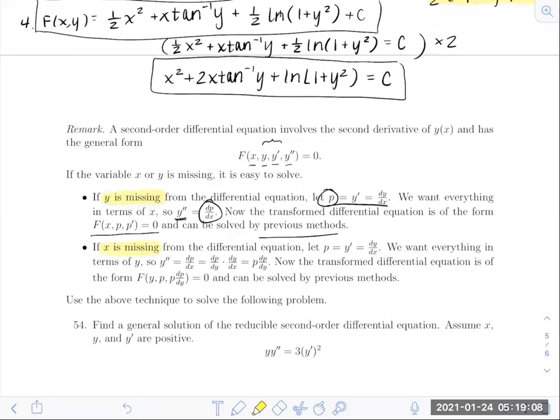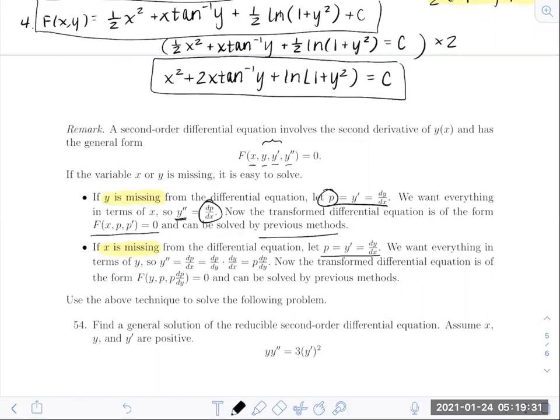And we're going to follow a similar procedure. However, this one just has slight additional complication to it. Now, what you'll notice is our substitution is going to begin exactly the same. Because x is missing in this differential equation, we would like to write this fully in terms of y and p.